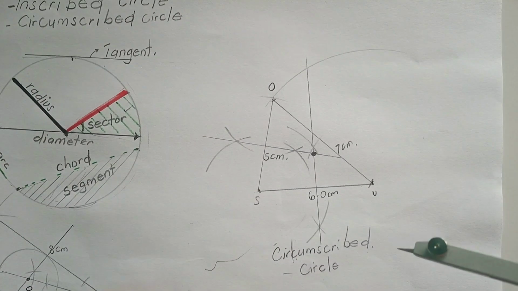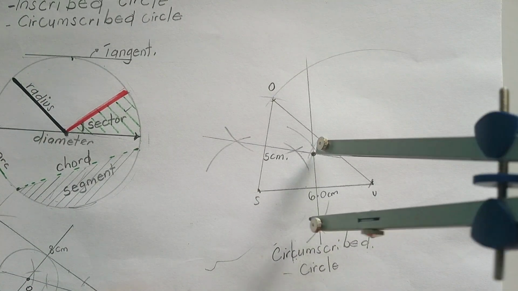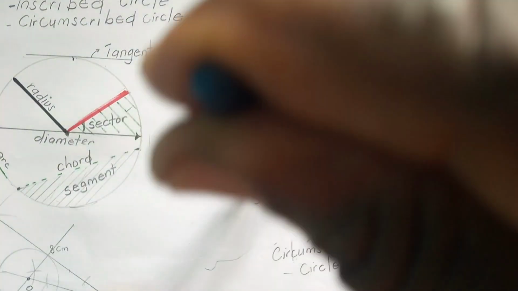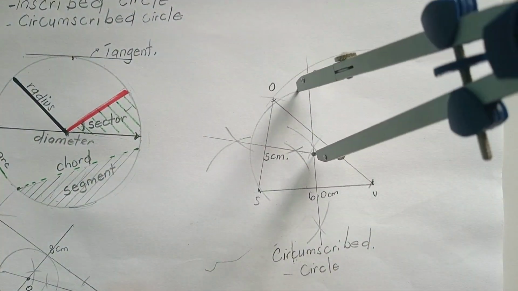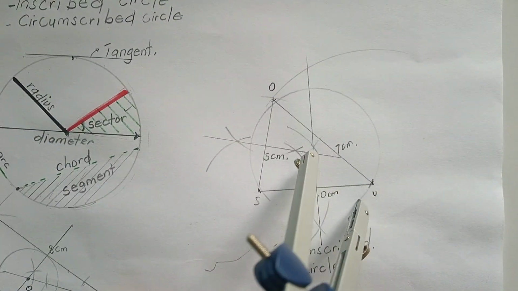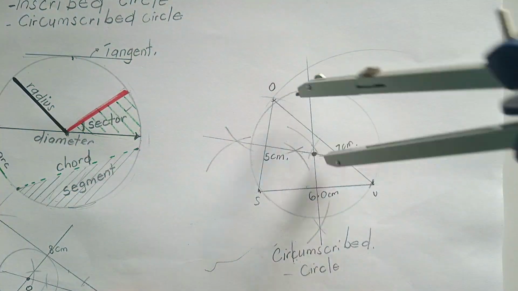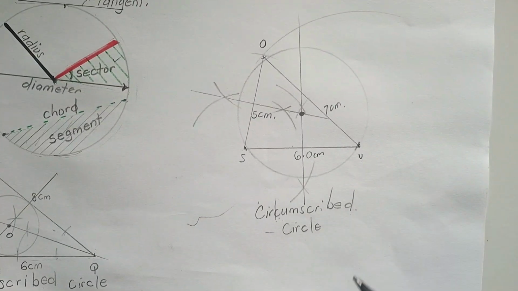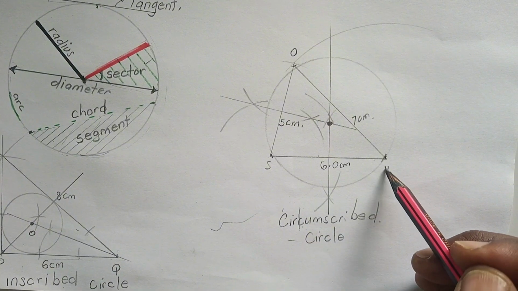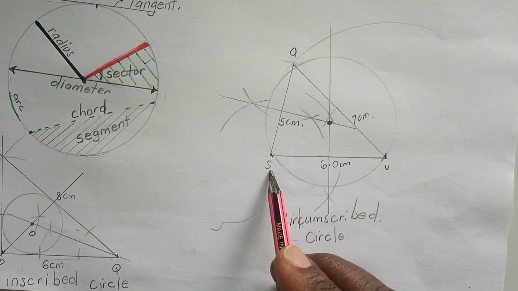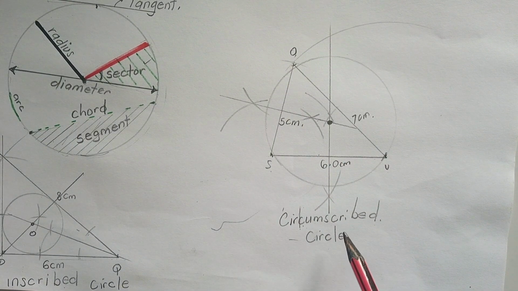So I stand there like that, and then I draw my circle like that. So my circle is touching point V, point O, and point S. So it is called a circumscribed circle.